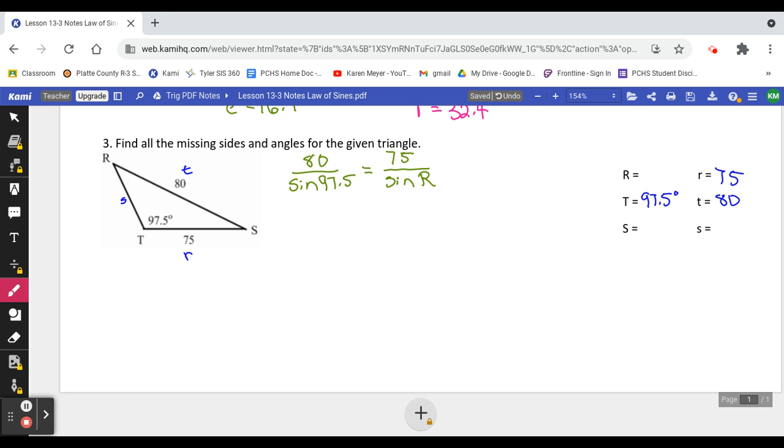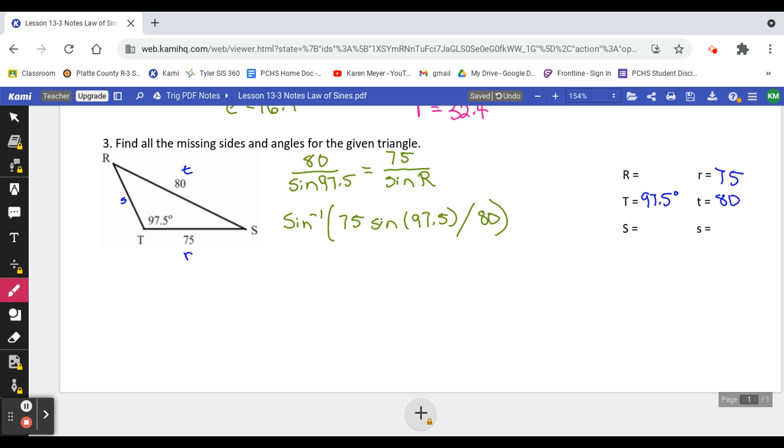Now this time we are solving for an angle. So if we're solving for an angle, I have to start with the inverse. So I'm going to do sine to the negative first on my calculator. Start with that. Cross multiply where you know both. So that would be 75 sine of 97.5 divided by what's across from sine R. That is 80. Oh, sorry about the page there.